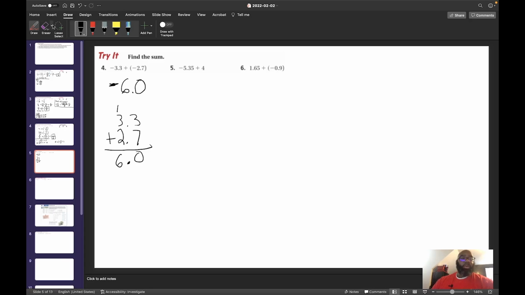The thing to know here is that when you're adding numbers with decimals, you want to line your decimals up when you're doing the sum.